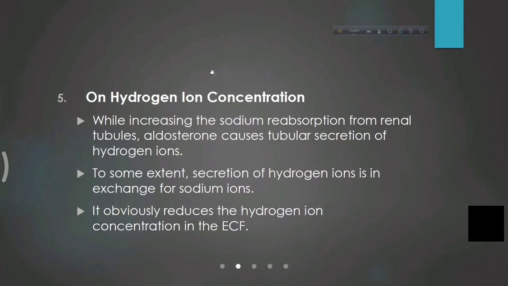While increasing the sodium reabsorption from renal tubules, aldosterone also at the same time causes tubular secretion of hydrogen ions. To some extent, secretion of hydrogen ions occurs in exchange of sodium, and this reduces the hydrogen ion load in the body.